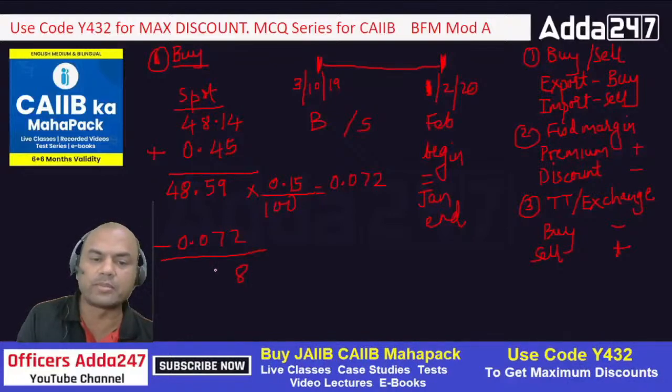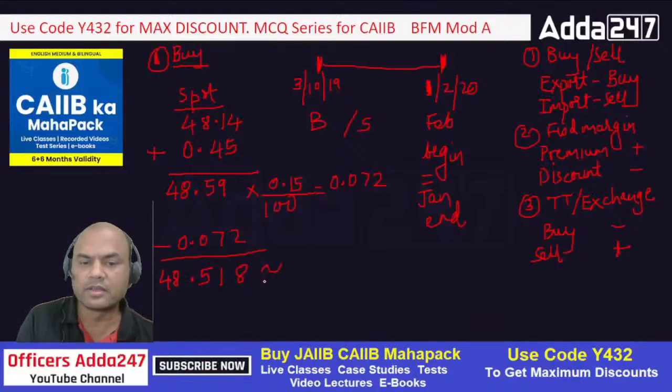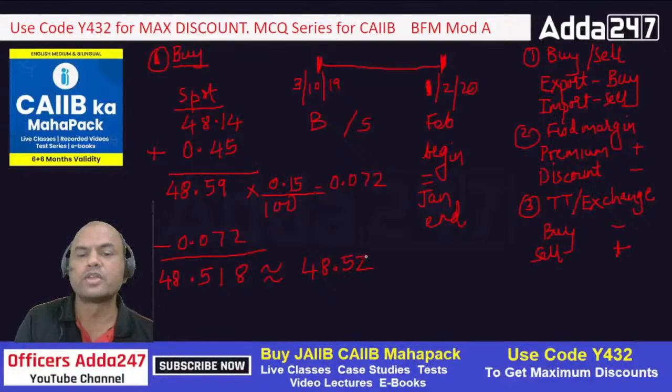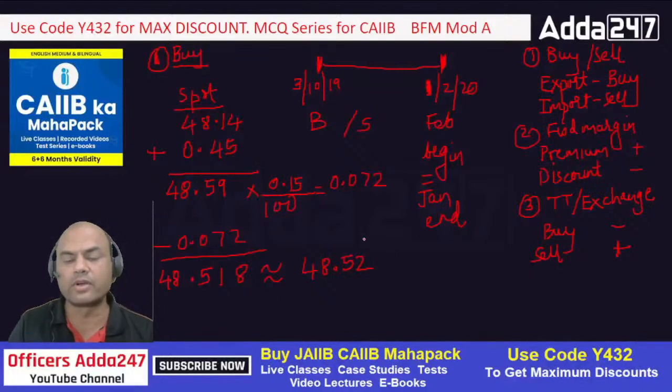Then 9 goes 8. 8 minus 7 is 1. Then 5 remains as it is. 518, right? So 48.518. You can take it roughly as 48.52. Okay, you can take this also. So this is your final rate to be given to the customer.